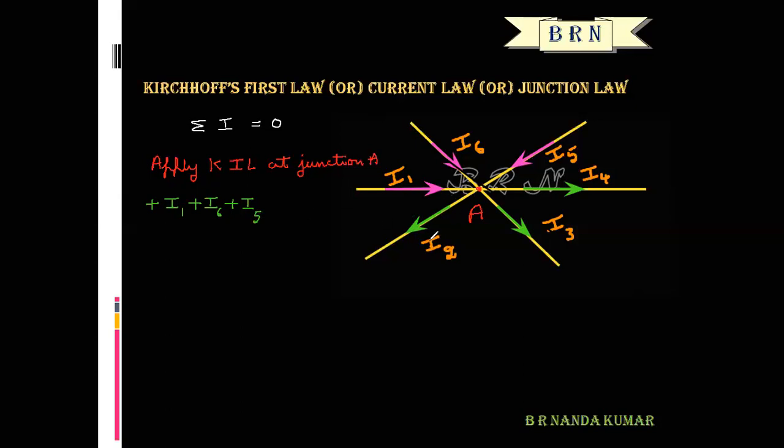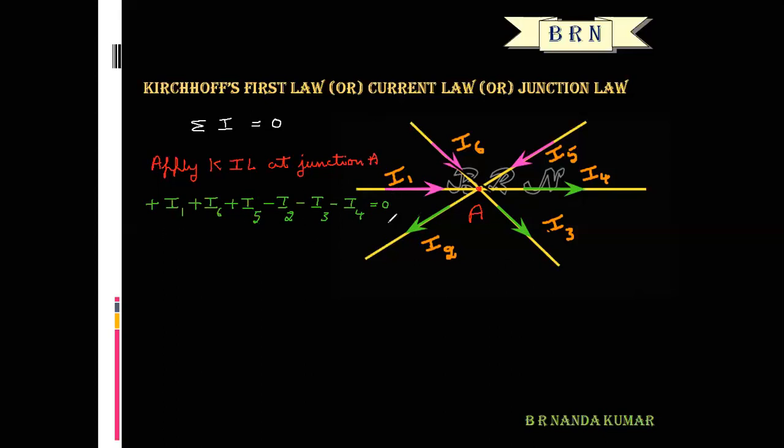But I2 is leaving from junction A, so I2 is taken as negative, and I3 also negative because I3 is also leaving the junction A. I4 is also leaving junction A, so minus I4 is equal to 0.